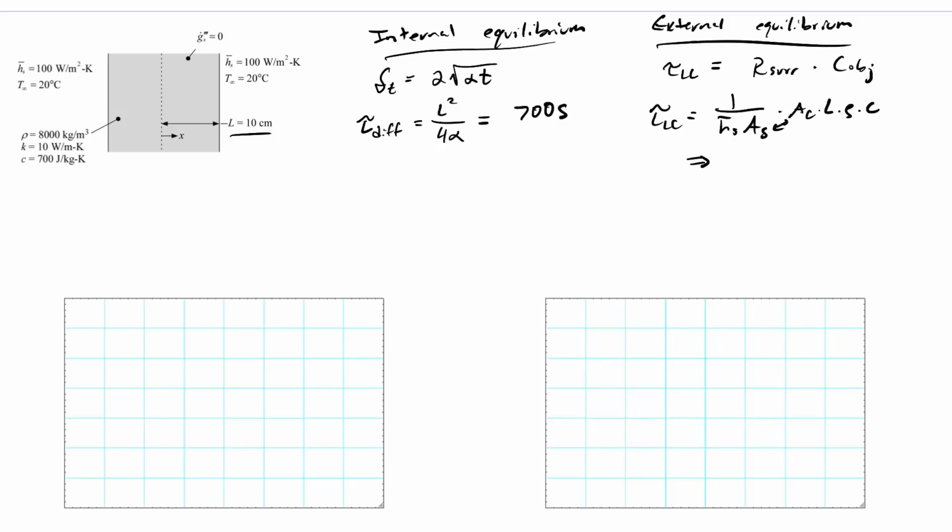Let's see, how does that work? There might be a mistake in here. Anyways, my notes say it goes L times rho times C over H bar S. Just make sure that.